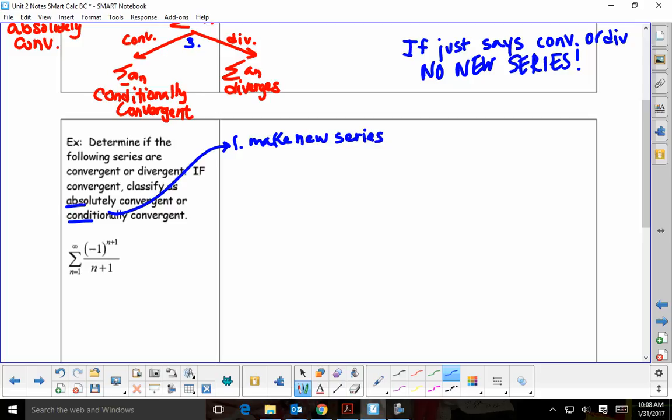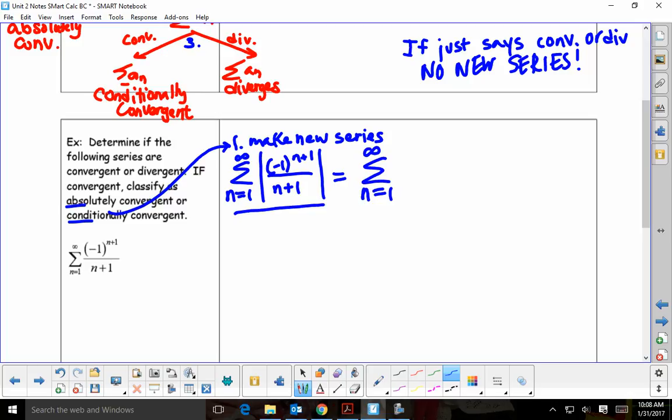So my new series is taking this guy and taking the absolute value of the inside. And some of you guys will skip this step and go right to this one right here. When taking the absolute value, what's it doing to this alternating part?